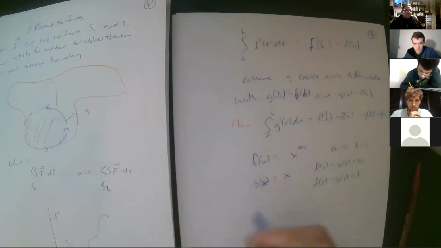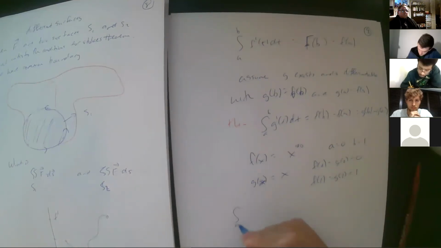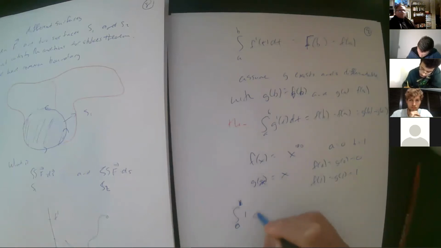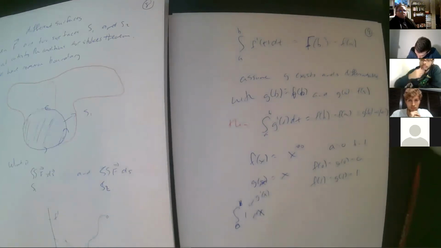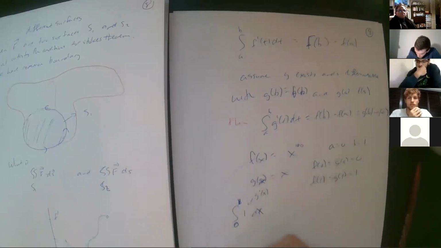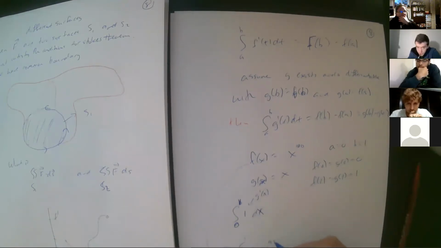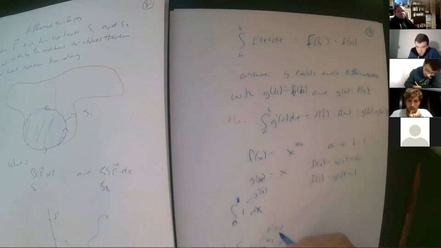What's the derivative of g? 1. So the integral from 0 to 1 of 1 dt. This is g prime of x, right? And this is the integral from 0 to 1 of 100 x to the 99. This is f prime of x dx.